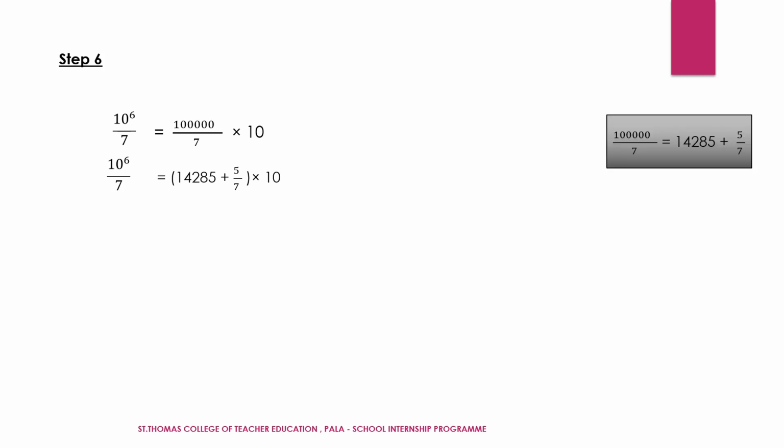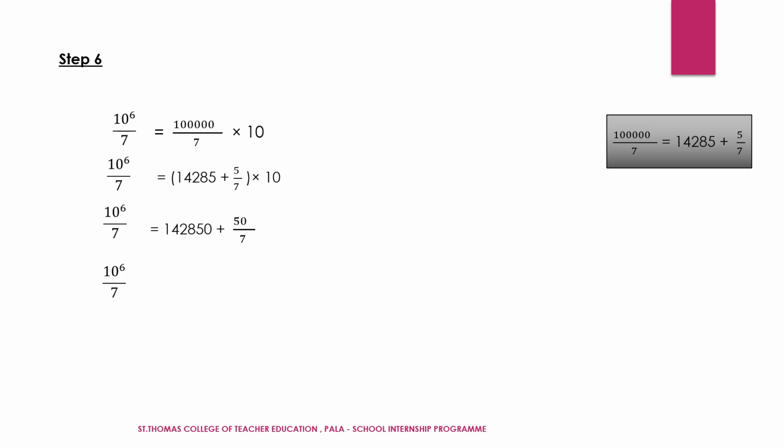Yes, we are considering 10 raised to 6 by 7 and writing it as 1 lakh by 7 into 10. Okay. Then replacing 1 lakh by 7 with 14,285 plus 5 by 7, as we got it from the previous step. Next, we are applying distributive property, that is taking 10 inside, and we get 1,42,850 plus 50 by 7.